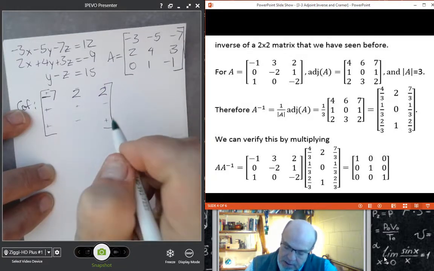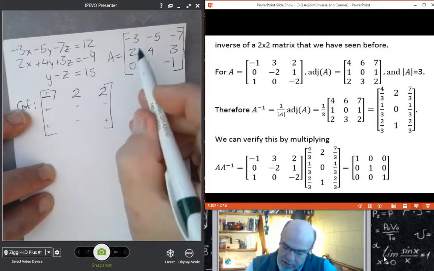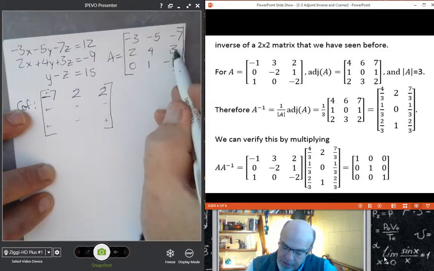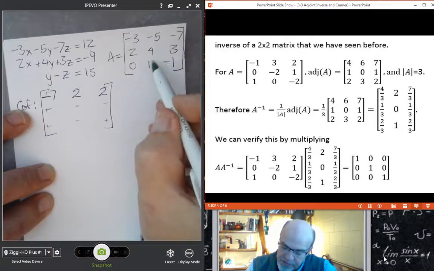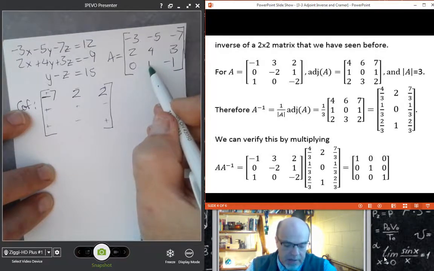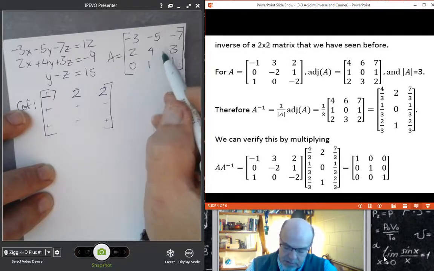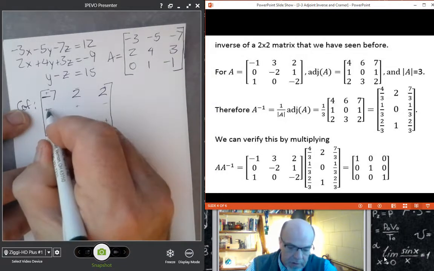Okay? For down here, taking out the first column and second row, we have positive 5 minus a negative 7, which is going to be 12.